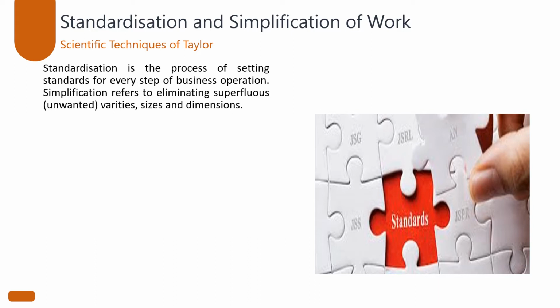Under scientific management, Taylor always emphasizes maintaining different standards relating to different steps of business operations. It doesn't only mean maintaining standards for the quality of the goods we produce, but to maintain this kind of standard, we have to follow a similar practice at the very micro level of the organization, that is the production level.